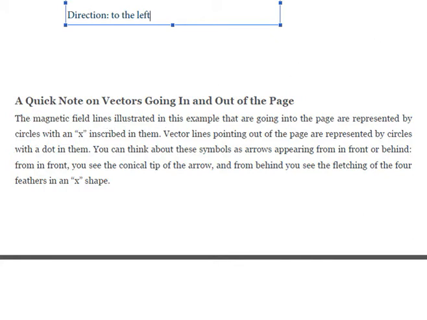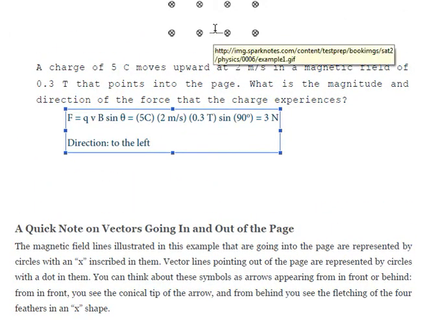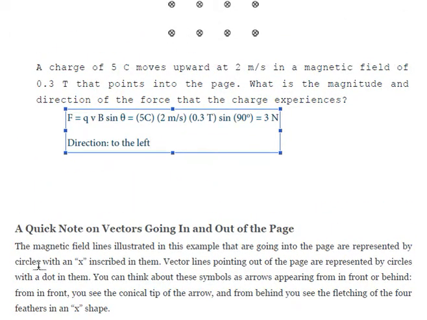The magnetic field lines that we had in this example that go into the page, we represent that with circles with an X inside of it. So anytime you see a circle with an X inside of it, that means it's something that goes into the page. If you have a vector that points out of the page, that's just a circle with a dot inside. So you either have a circle with an X or a circle with the dot.